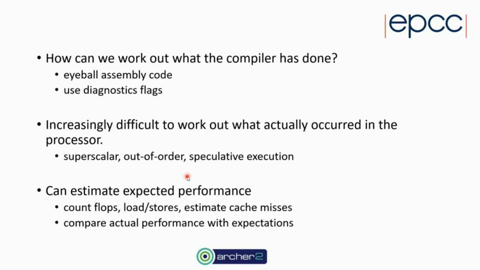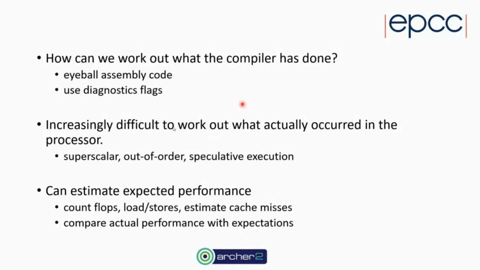So for the key computational kernels, you can say, well, in here there's 20 loads and 10 stores and 50 floating point operations. So I can work out the arithmetic intensity of this, how many floating point operations you do per load or store, and then you can situate it on what the hardware itself can do and see if you're close to that or not.